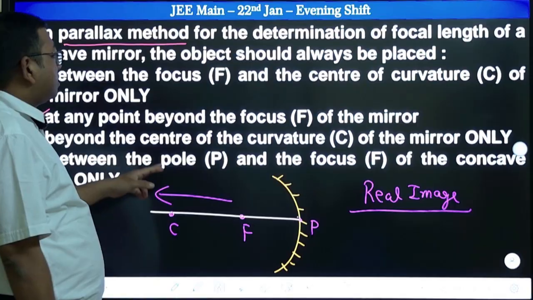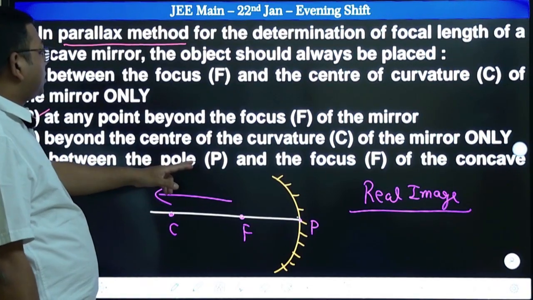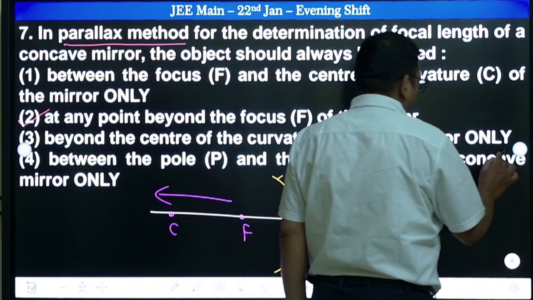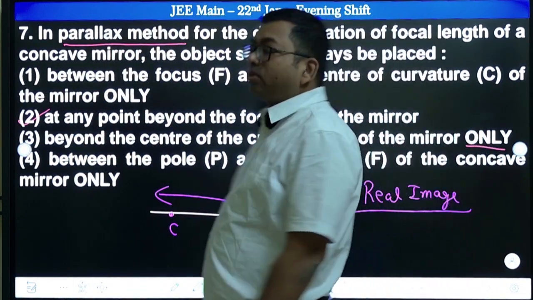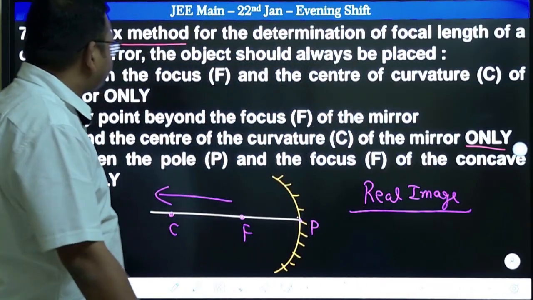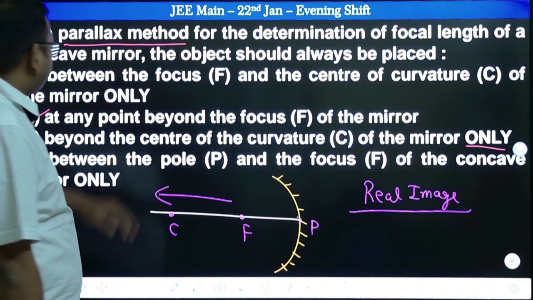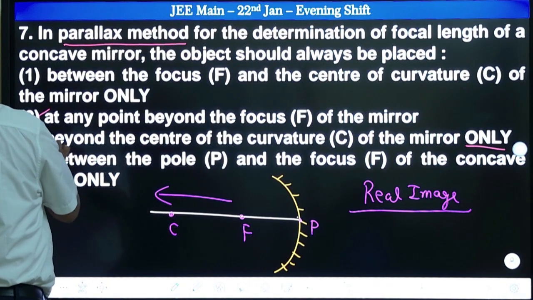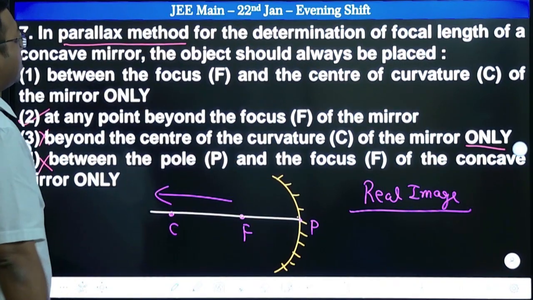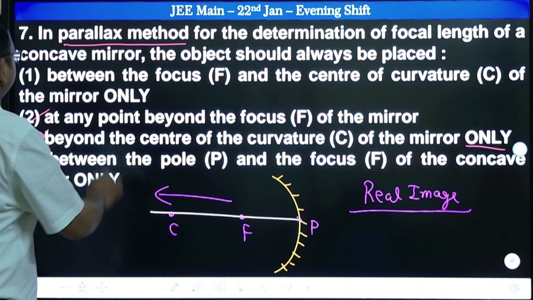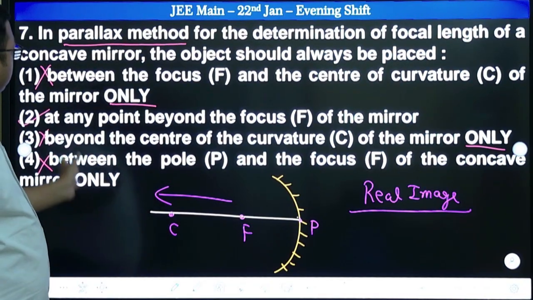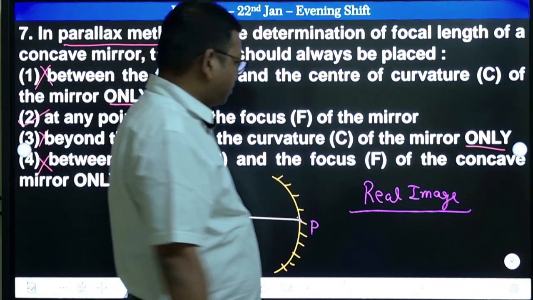And when you see other options like beyond the center of curvature C of the mirror only, 'only' should not be a condition. Between the pole and focus is anyway not possible. Between focus and center of curvature only, again 'only' is not a condition. Beyond this you can choose the second option. Fine.